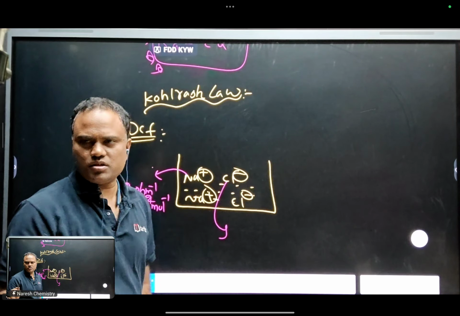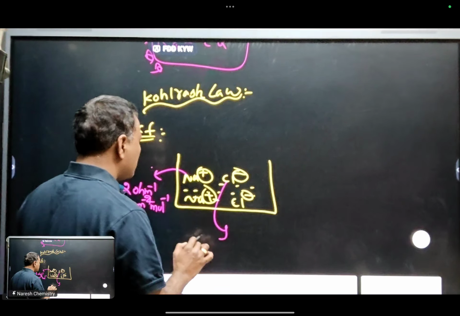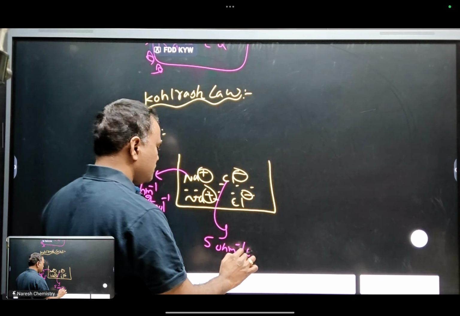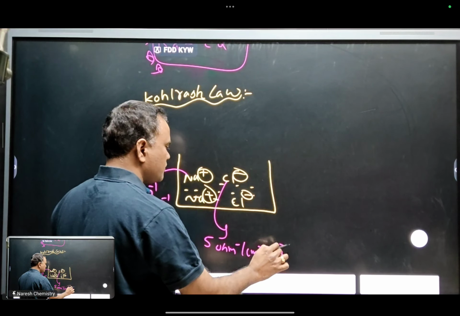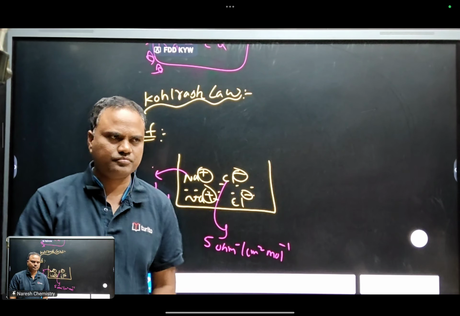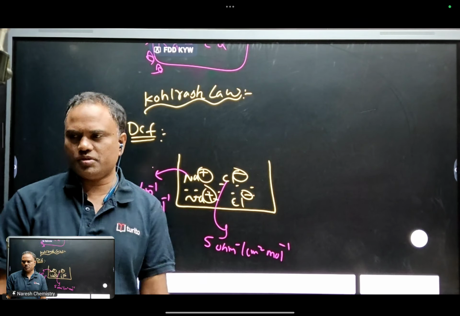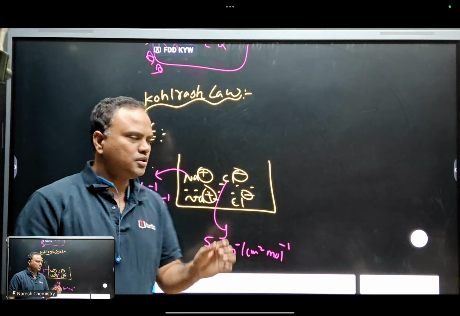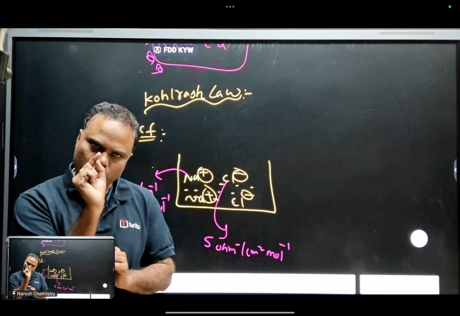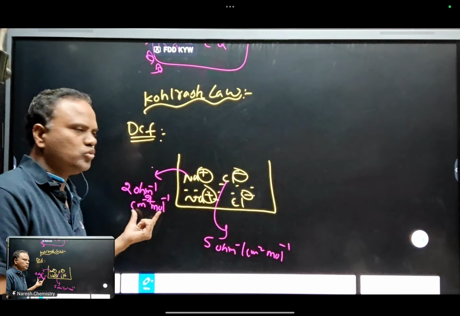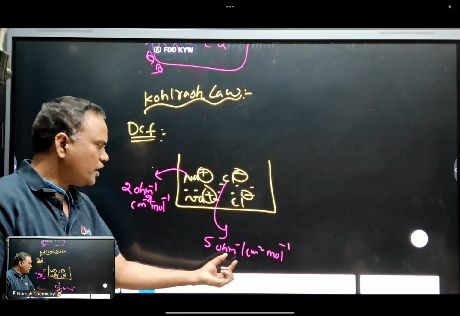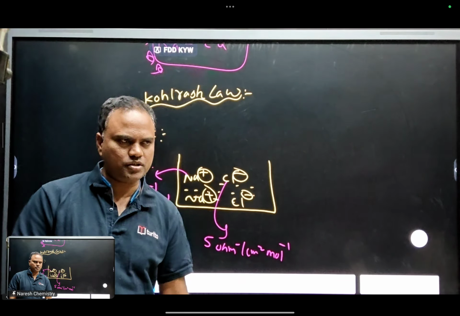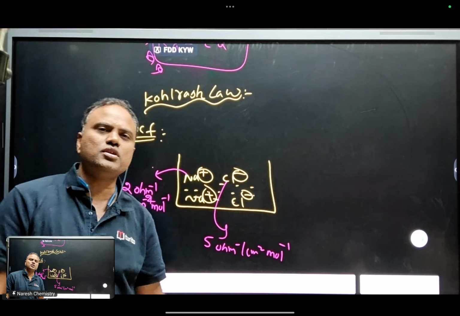It's just our imagination or consideration. And chloride ions will conduct 5 ohm inverse centimeter square mole inverse. That is their conducting capacity. One sodium ion carries 2 ohm inverse. One chloride ion carries 5 ohm inverse. If I ask you, what is the conductance of this total solution?